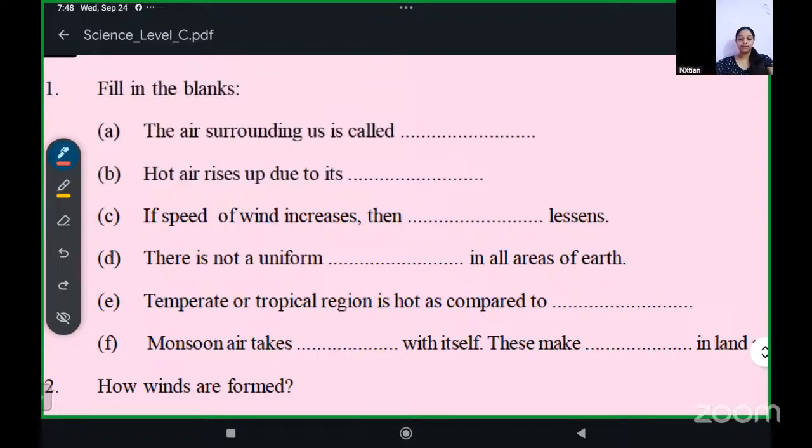Yes, Emma, you can unmute and answer. The air surrounding us is called atmosphere.